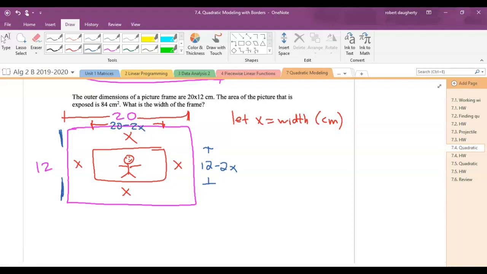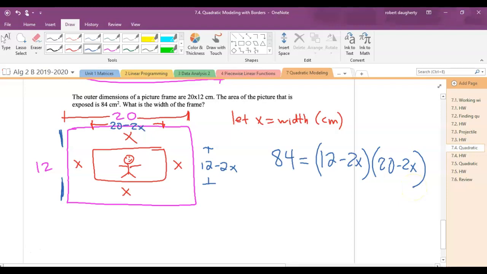So what is the equation here? I know that 84 is the area of that picture. What is the algebraic expression? Yeah, so 12 minus 2x times 20 minus 2x. So this gives me 84 is equal to, what is this, 240.